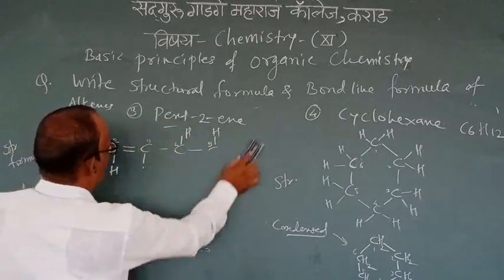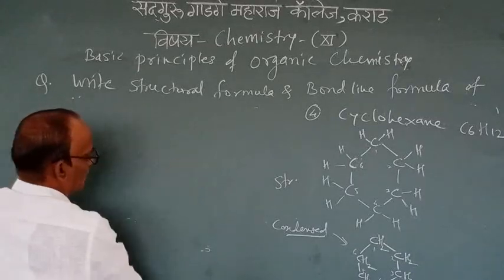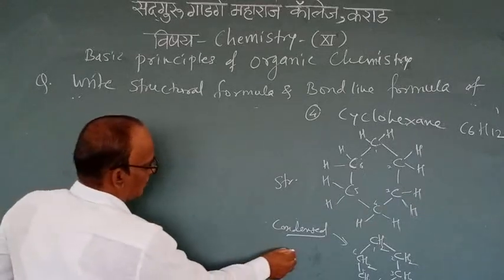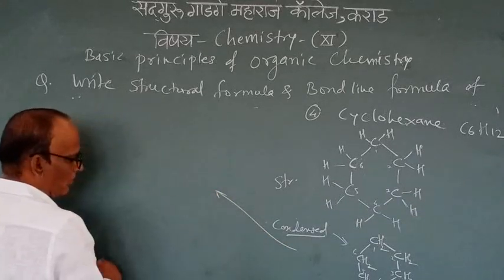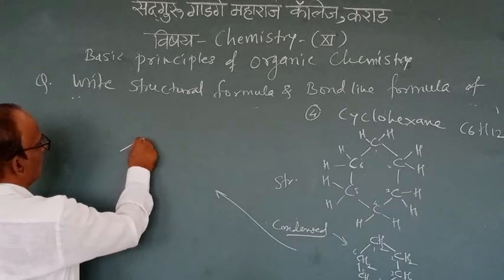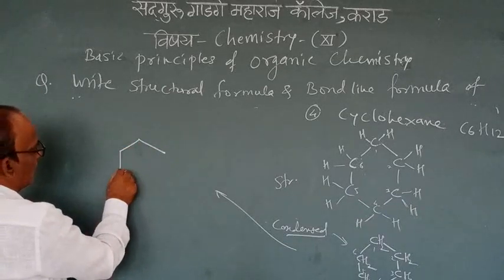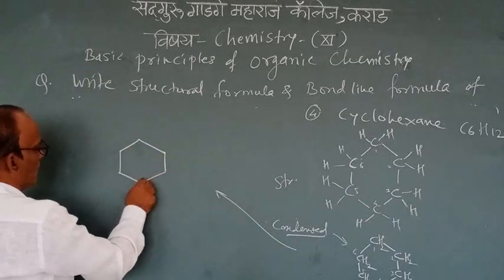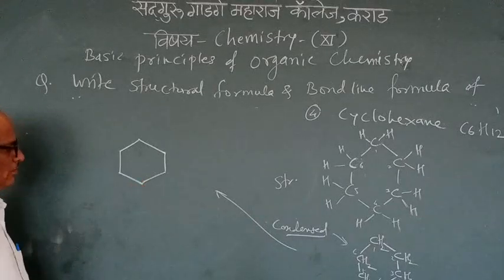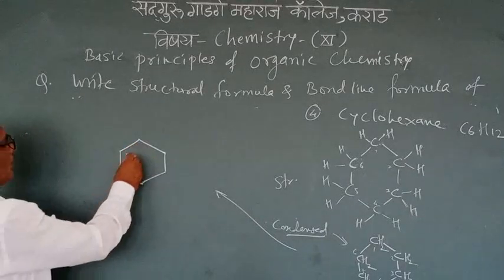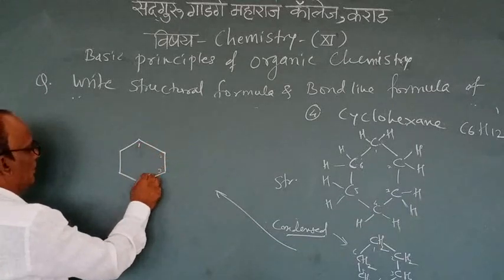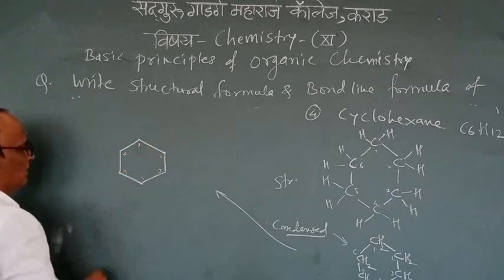So from this condensed formula, draw its bond line structure. In the bond line formula, carbon and hydrogen atoms are not shown. So here is a hexagonal ring containing carbon-carbon single bonds only, 1, 2, 3, 4, 5 and 6.